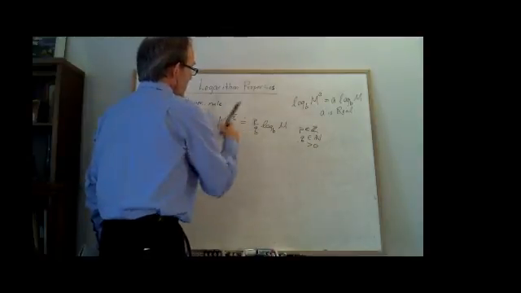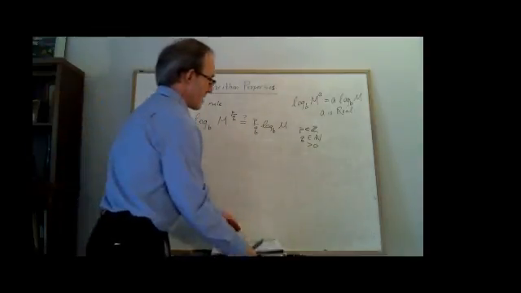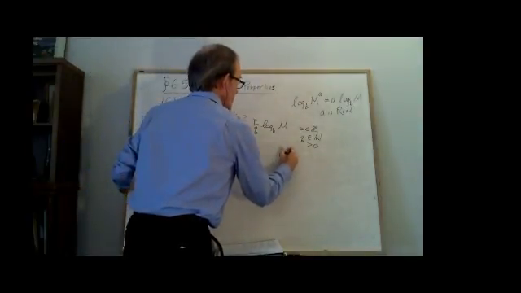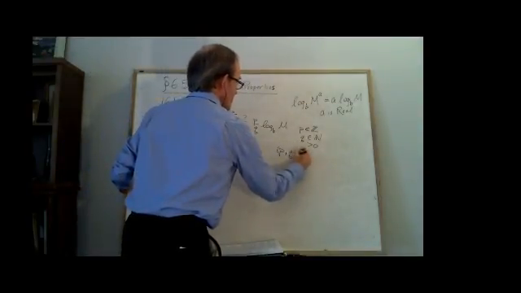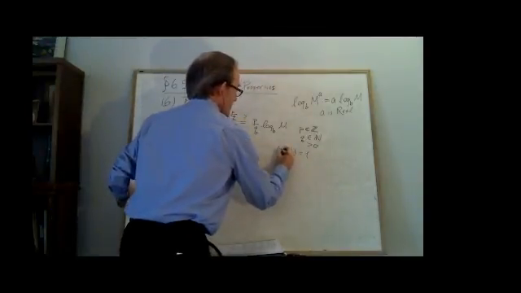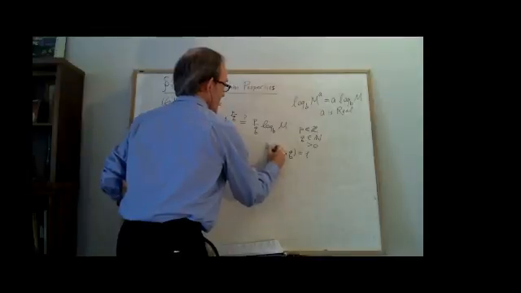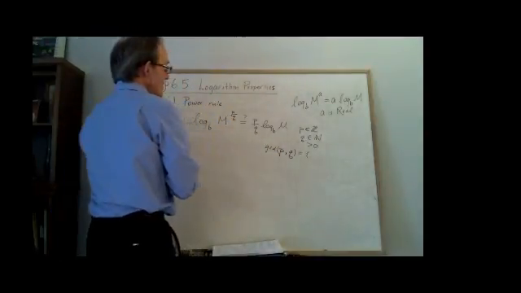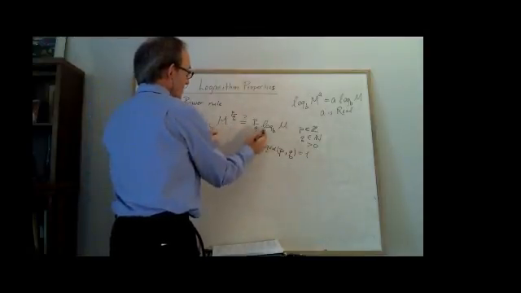And p and q should be relatively prime, which means they have no common factors. That's the GCD function: GCD of p and q is 1. But the fact is they're integers.